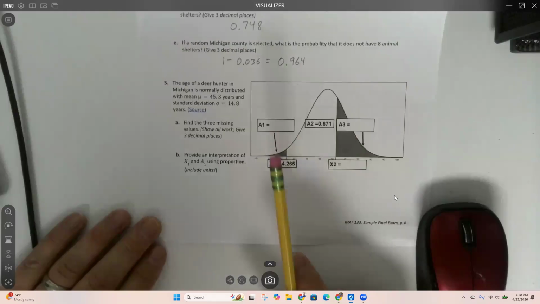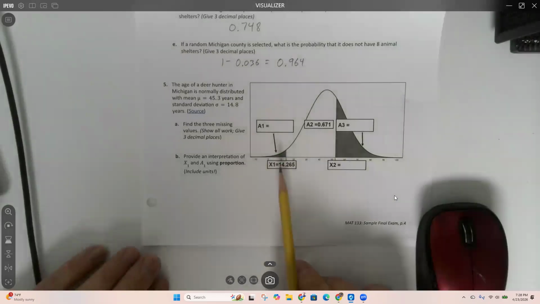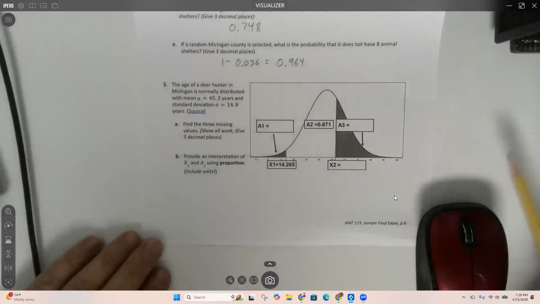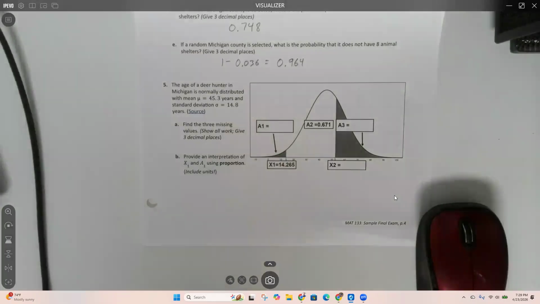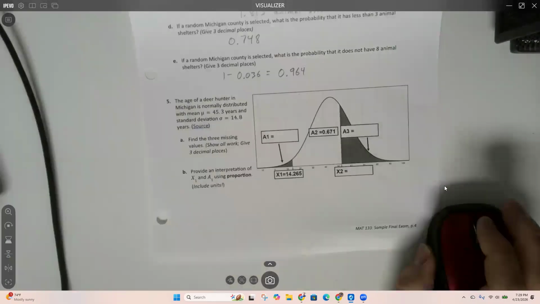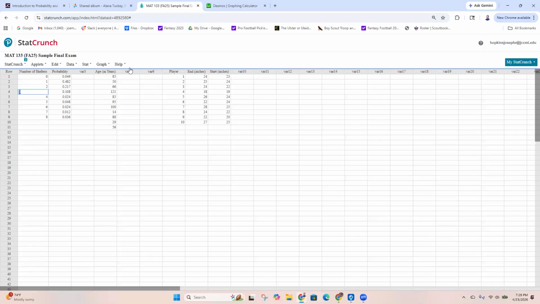So what I need to do is use StatCrunch because this is a normal curve. If I know that X is here, I can find that corresponding probability. But what do I click on in StatCrunch? What buttons do I need to click in StatCrunch in order to find A1?